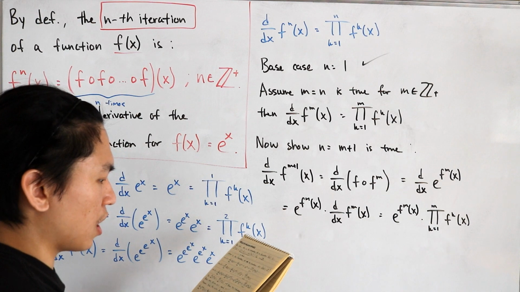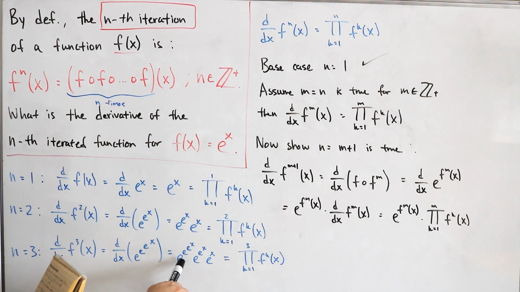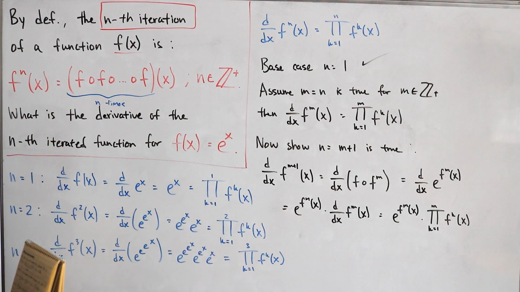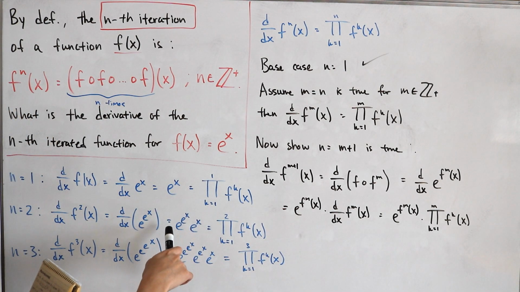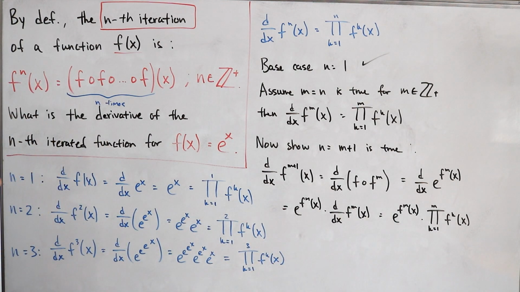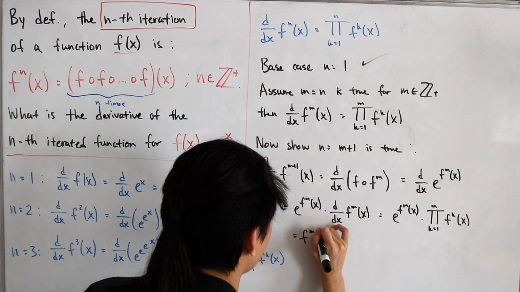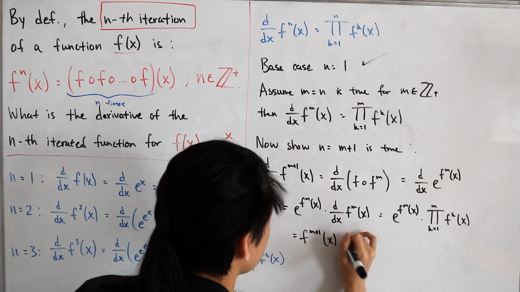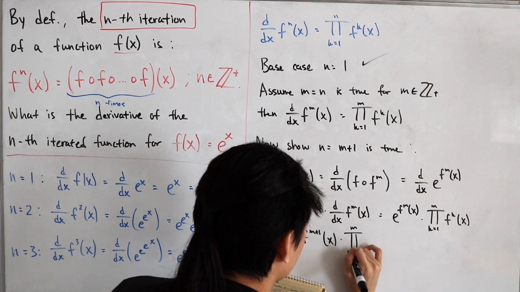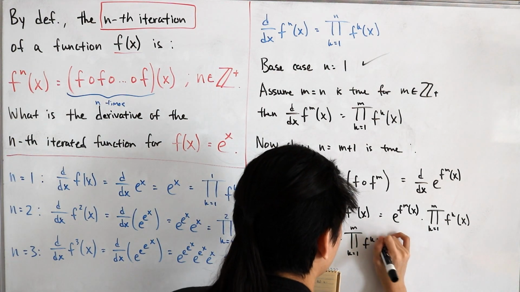And so from here, if we take a look at this pattern, just like what we did over here, this is actually in increments of 1, plus 1 each time we stack this up. So in other words, for e to the power f composed m of x, this just increments by 1. So we can write this as f composed m plus 1 of x, then multiply with this product series back over here, k equal to 1 of f sub k of x.